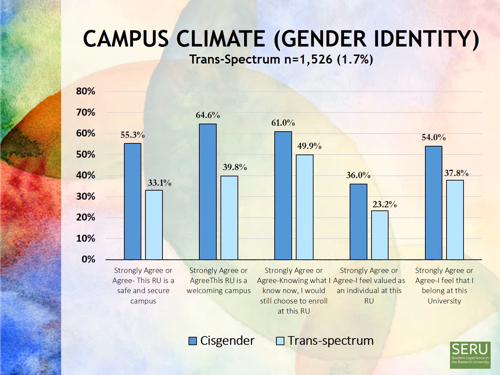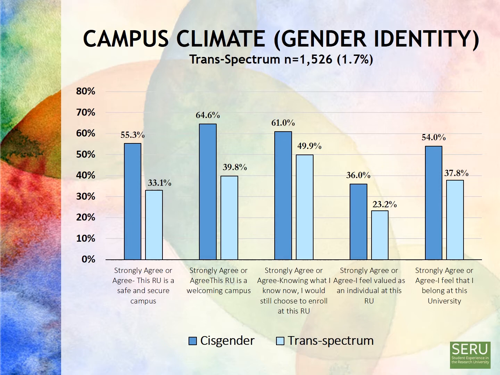Next slide, please. So this is the same set of questions for the gender identity group, cisgender compared to trans spectrum students. Some of these discrepancies here are much larger, particularly among safe and secure, so the environment on campuses. Again, the welcoming aspect of that. Again, a little closer on would you come back here again, but the differences are much stronger here, with cisgender students responding much more favorably to that question than trans spectrum.